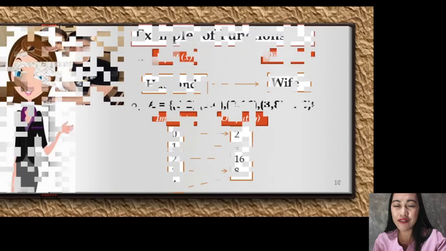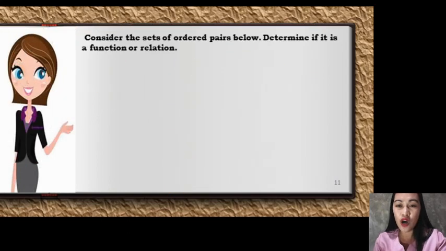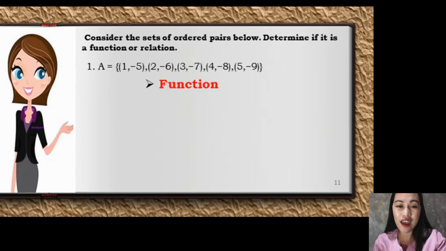Now let's check your understanding. Consider the following sets of ordered pairs, then determine if each is a function or a relation. Set A. Is it a function or a relation? It is a function.